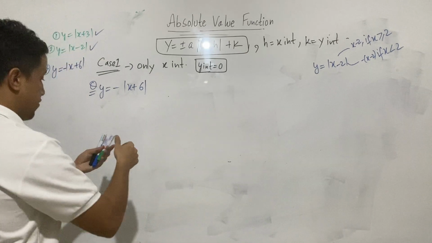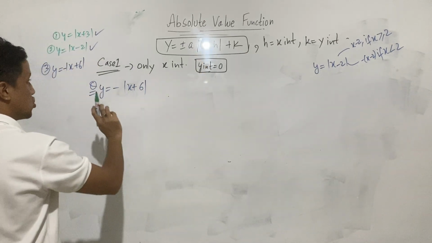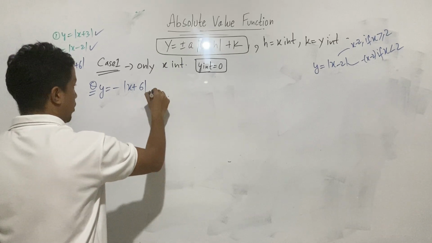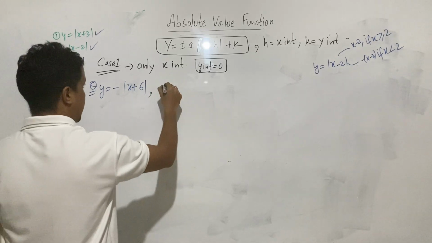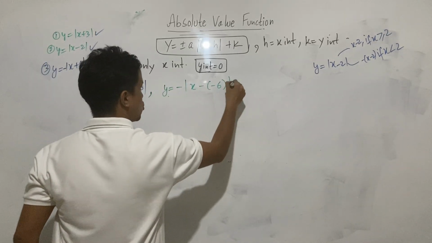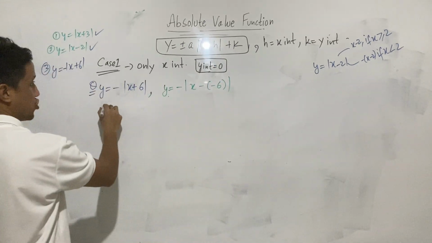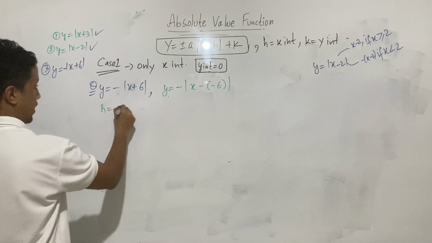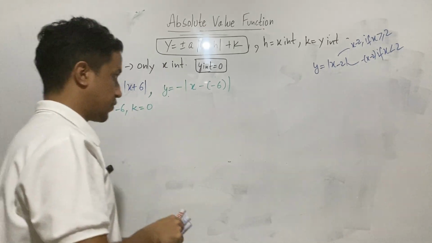Now if you compare this with this equation, I write it like this, minus x minus 6, so that it looks similar. Here you can see your h is minus 6 and your k is 0, right?